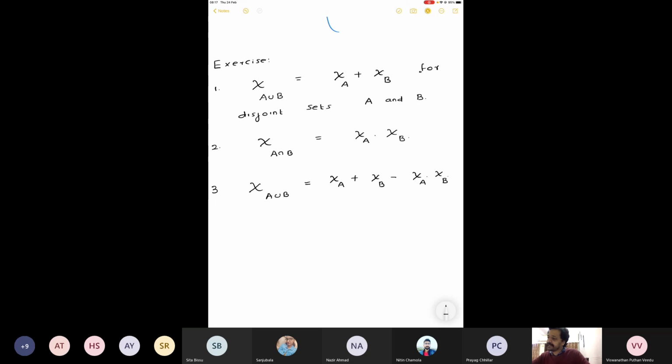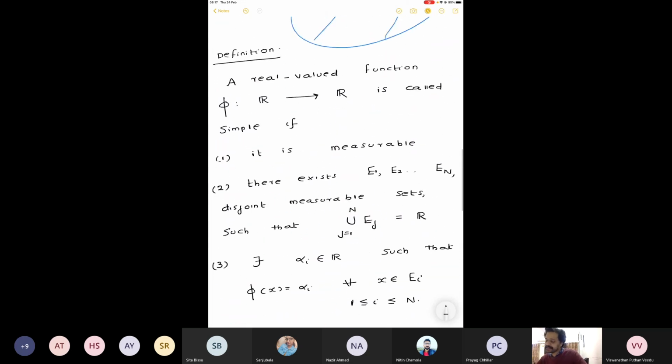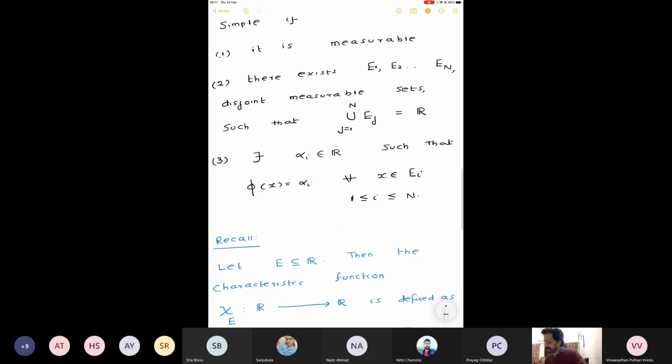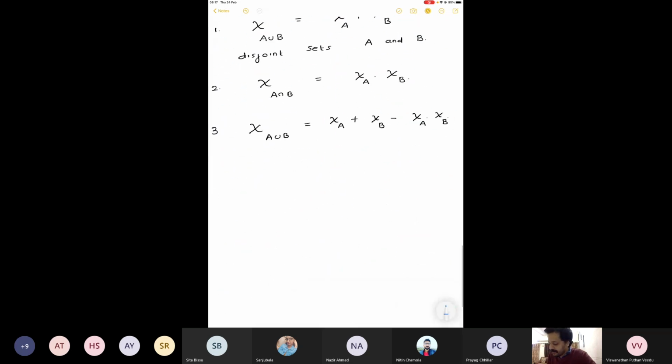Now, with this in hand, I would like to get a nice form in which we can express a simple function. Notation for simple function. Once you have a simple function, we are sure that it takes only a finite number of distinct values.